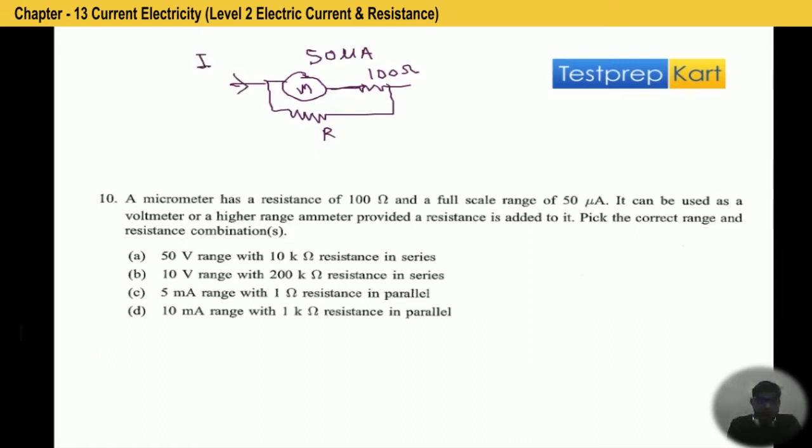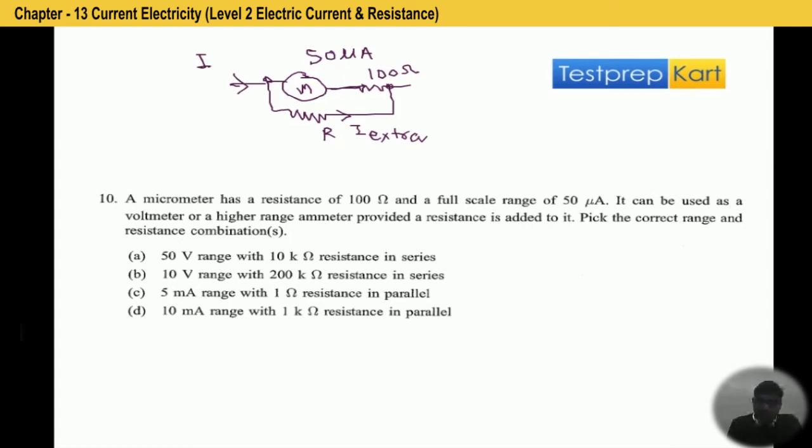Like if current is coming from here, this meter can take only 50 microampere current. So the additional current, I extra, must pass through this resistance. But they are connected in parallel, so they must hold the same amount of voltage.